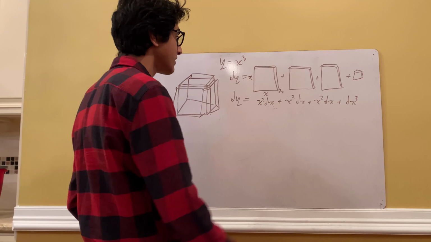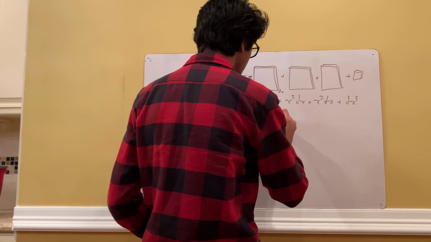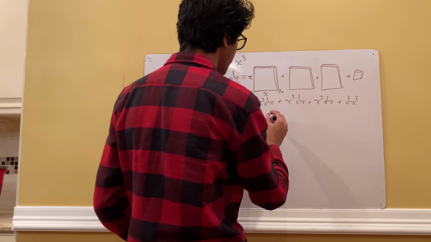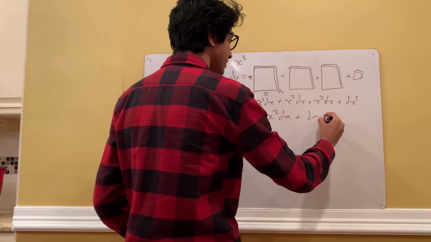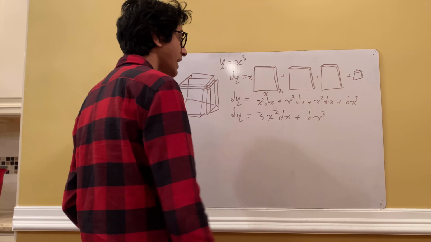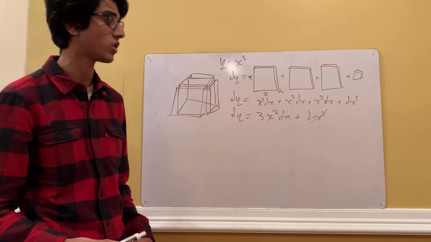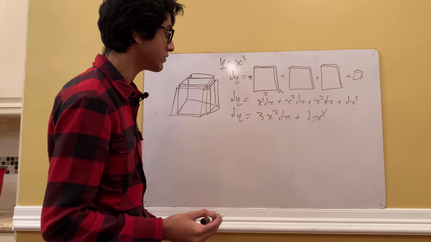All right. We can simplify this. We get dy is equal to 3x squared, because we have 3 of these terms, 3x squared dx plus dx cubed. And again, we can cancel this out. It's going to be so small, basically 0, because we're trying to find the instantaneous rate of change.